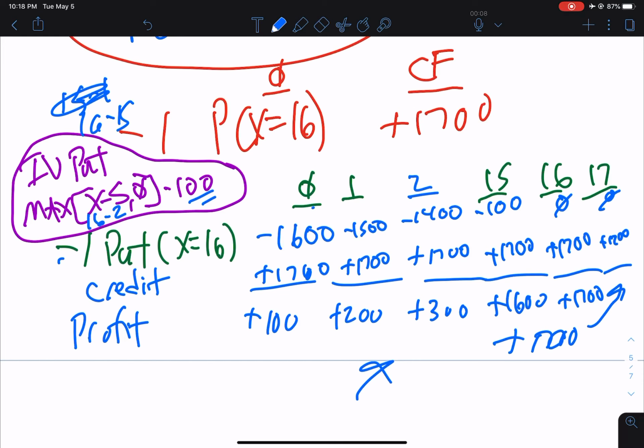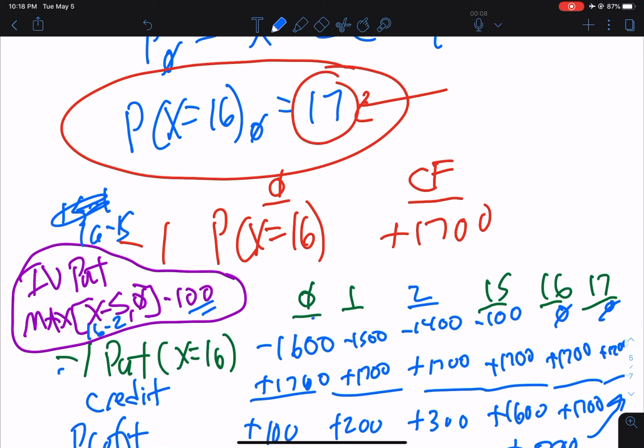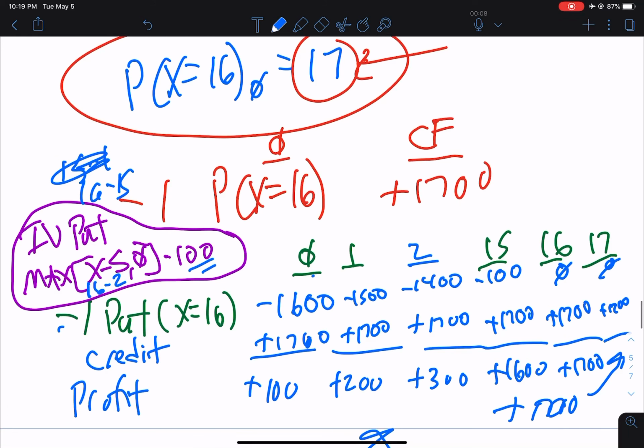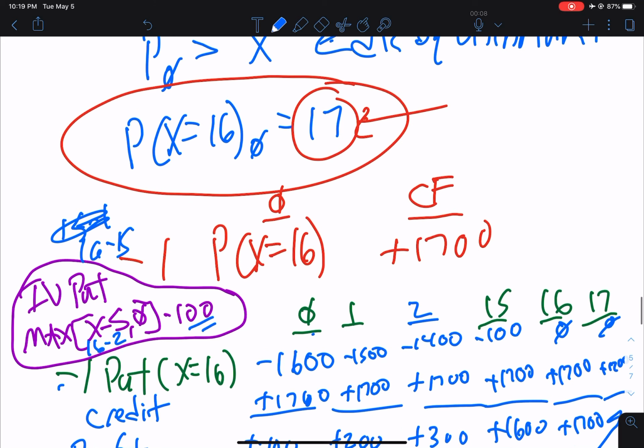Well, let's think about what happens to the price of this put. Does it stay at this disequilibrium level forever? No, because what this arbitrageur is doing is he's writing the put, constantly selling the put to open, and when you sell that, you're driving down the price of that put.